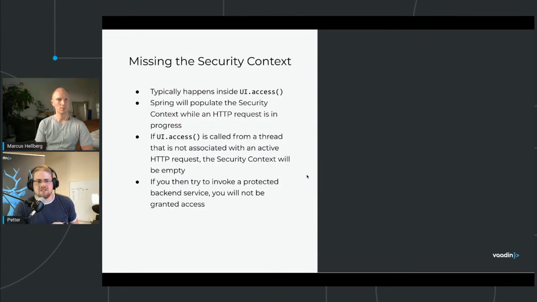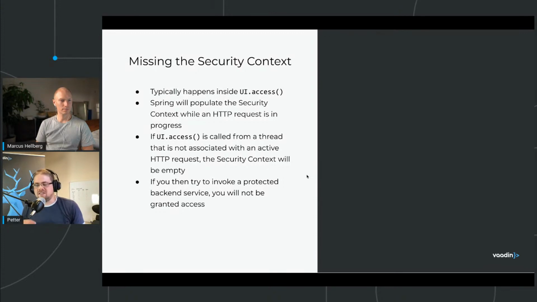We have to understand that in a servlet-based Spring Security application, this security context is automatically populated while an HTTP request is in progress. Whenever an HTTP request comes into your application, it goes through the Spring Security filter chain.